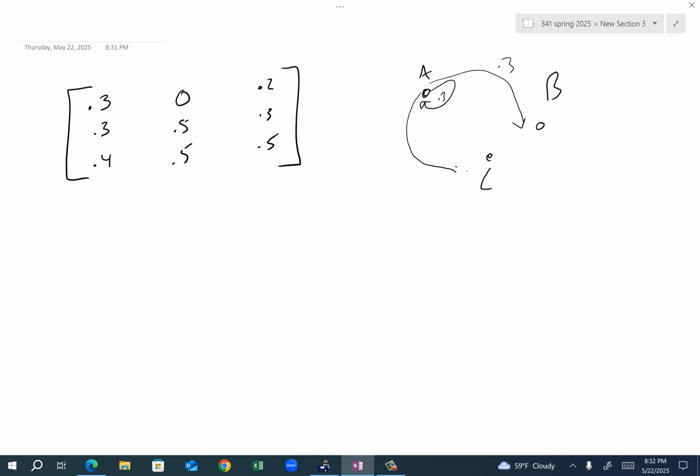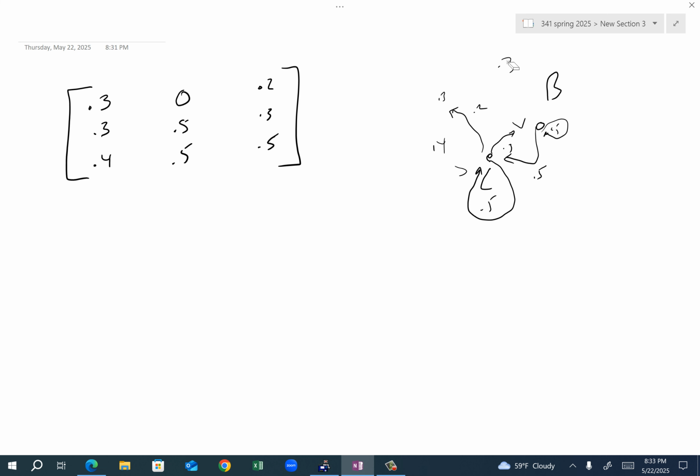A to C is 0.4. But then from B to A there isn't one. And then from B to B it's 0.5. From B to C is 0.5. And then from C to A is 0.2, and 0.3, and 0.5. Okay, that's what we're talking about here. So keep that in the back of your head as we do this.